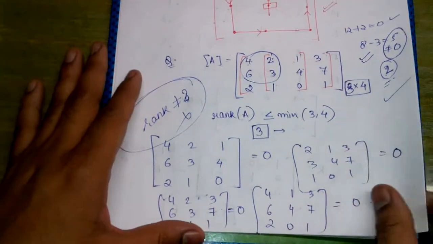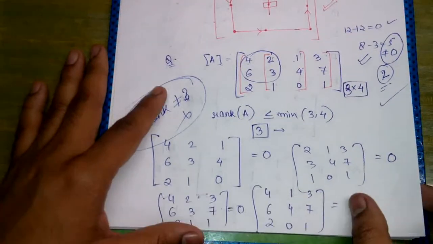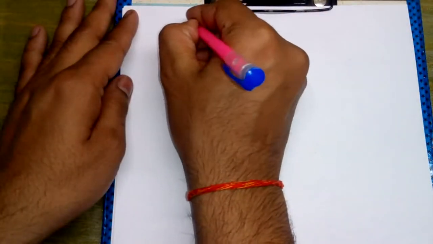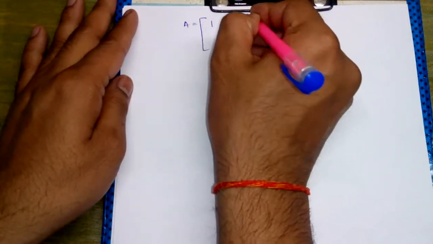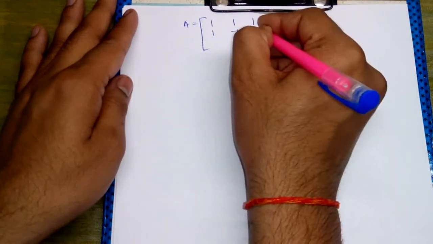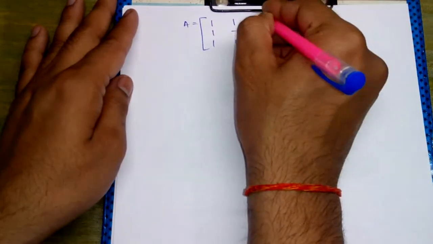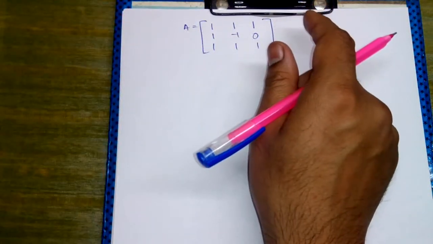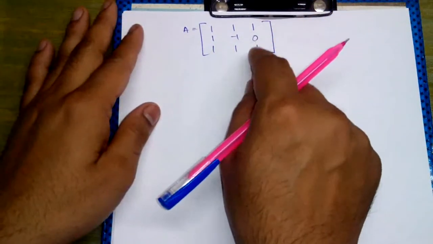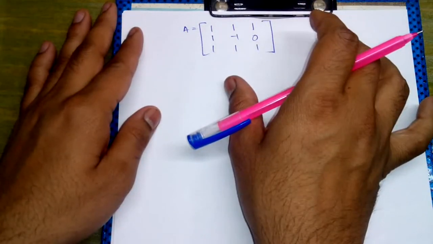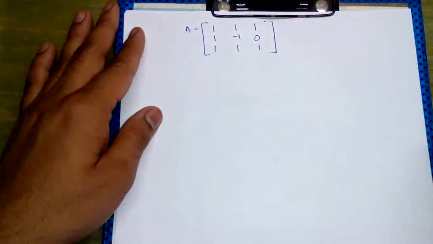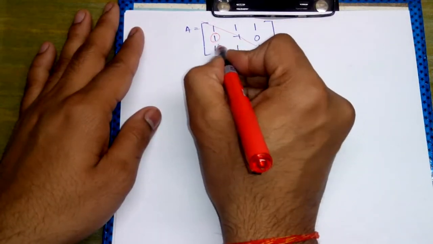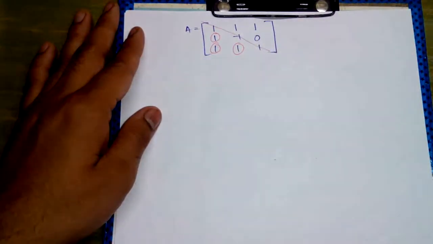Okay, now I will solve one more question based upon this rank. So here we have been given a matrix 1 1 1, 1 minus 1 0, 1 1 1. So we have to find out the rank of the matrix. Now I have already told you that we will first try to break this matrix into the upper triangular matrix, and in order to do it, we have this as the leading diagonal, so we will try to make this and this term as 0.